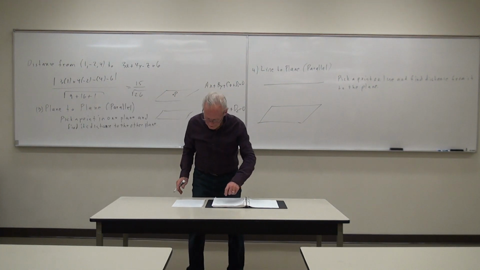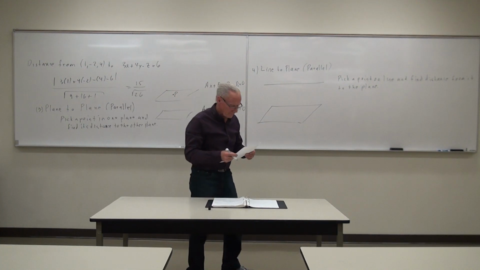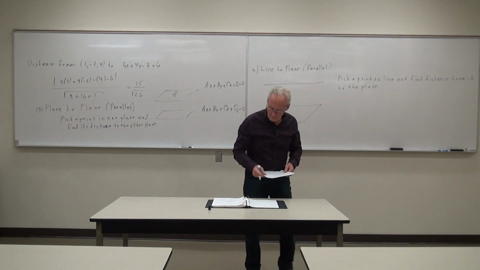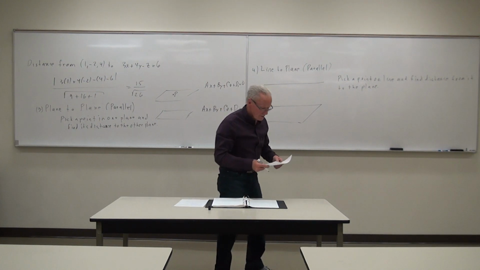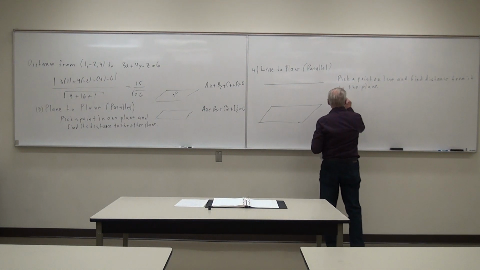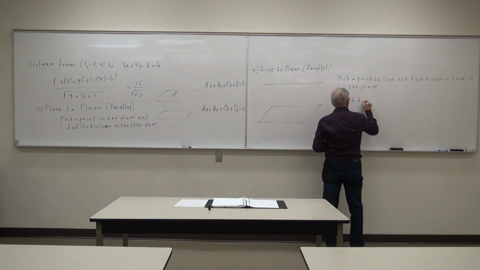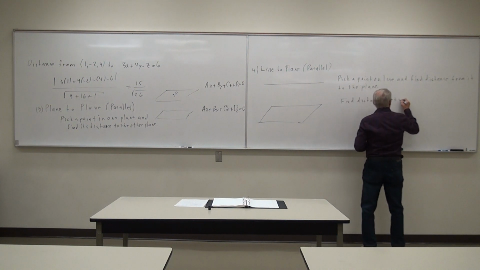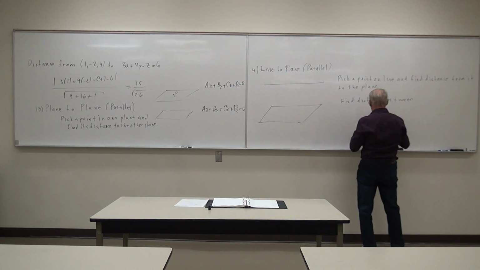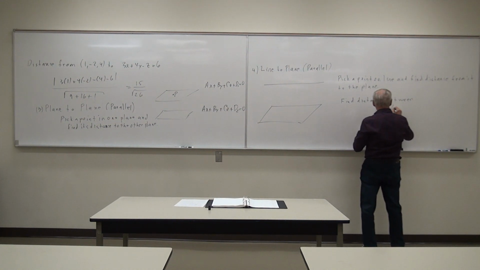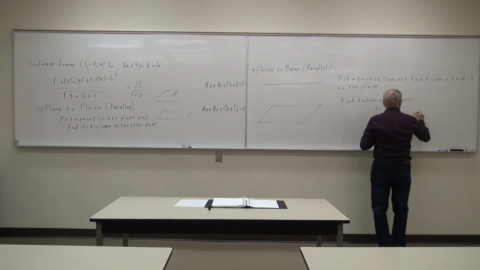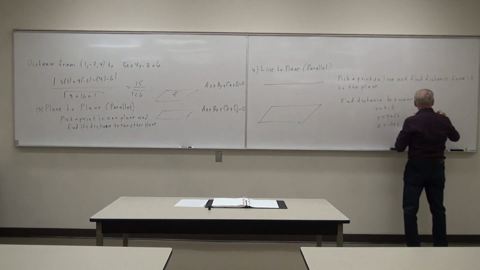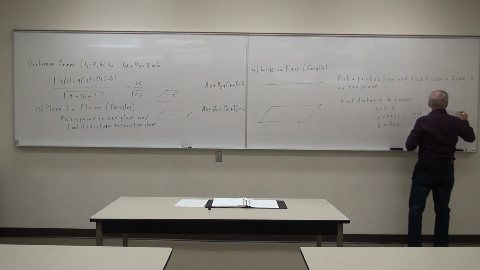Example. Line distance between this: x = 3 - t, y = 4 + 2t, z = -3 + t, and x + 2y - 3z = 6.